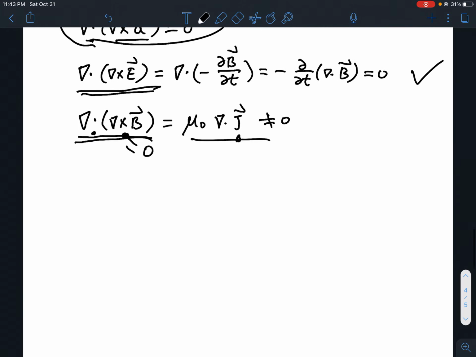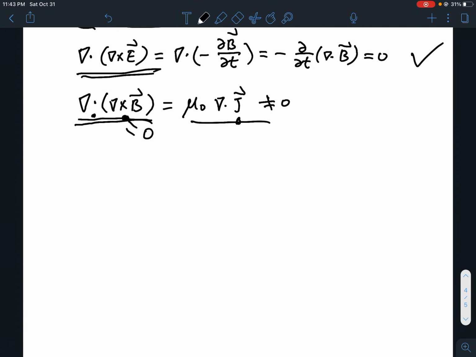You can also see this from the example here. Let us look at a battery, for example, that will charge a parallel plate capacitor.